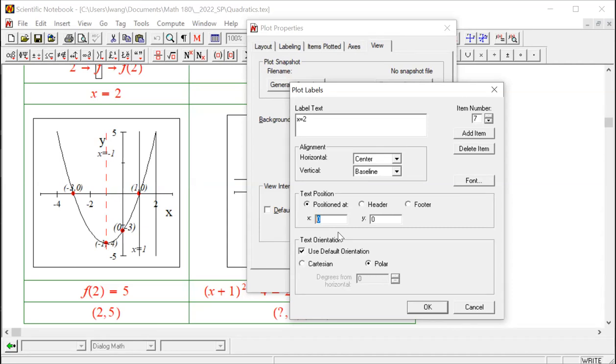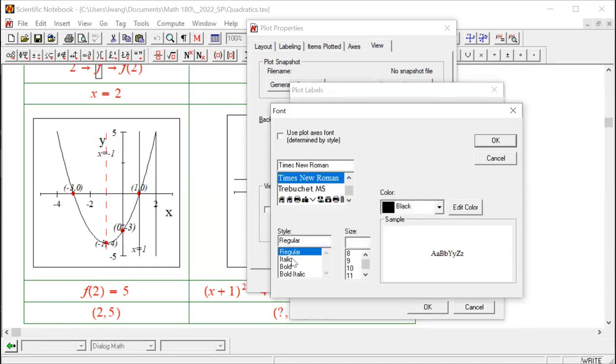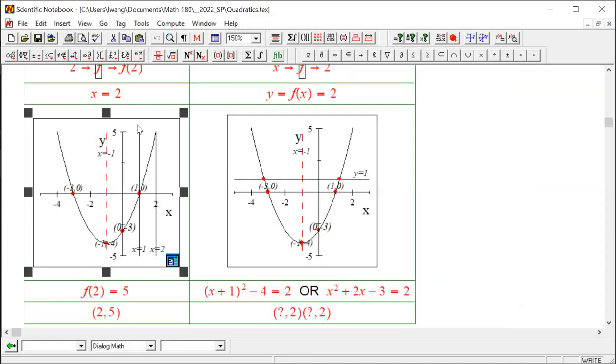So that's going to be 2.1 and negative 4.75. You don't have to worry about why I put those points there, because that's just how to use the software. Mainly, I want to show you this vertical line and there's a crossing here.